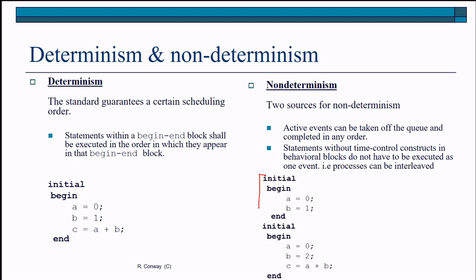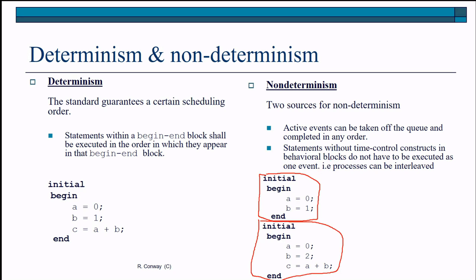Here we have two initial constructs. When the simulation starts, both are added as events to the active event queue. The first point to note is that the simulator can pick either initial construct to begin with. It's not a case that it always picks the first one listed. So it could actually start with this second construct here.